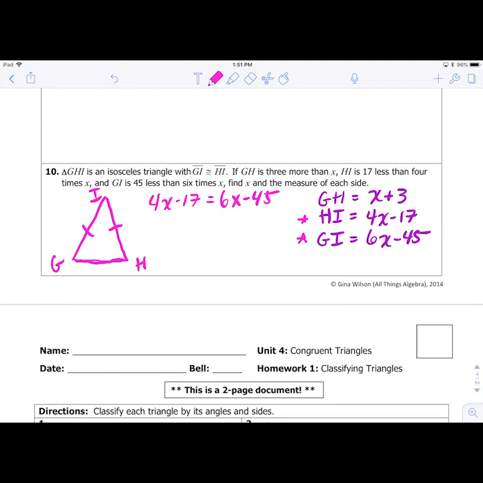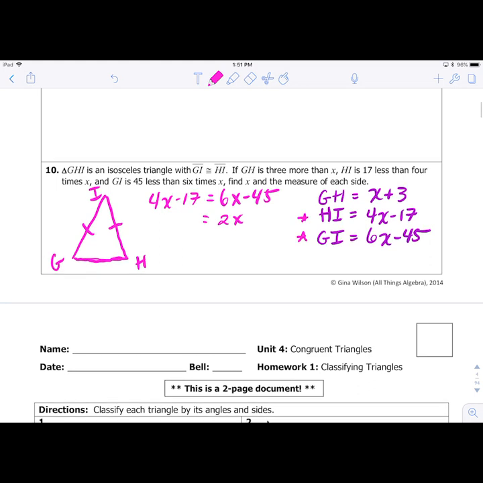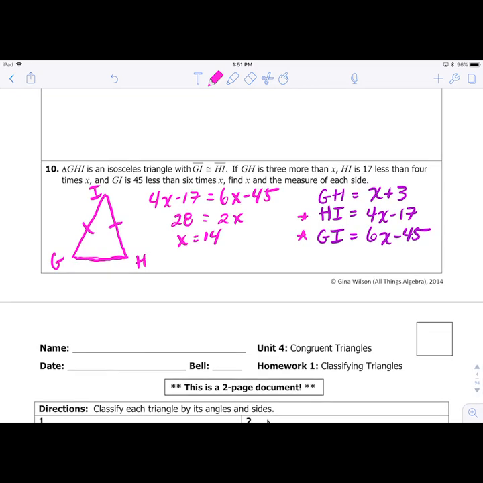Subtract 4x on both sides, you get 2x. Add 45 to both sides. You get 45 minus 17, you get 28. X is equal to 14. Let's plug it back in and solve away. GH is 14 plus 3. Therefore, GH is equal to 17.